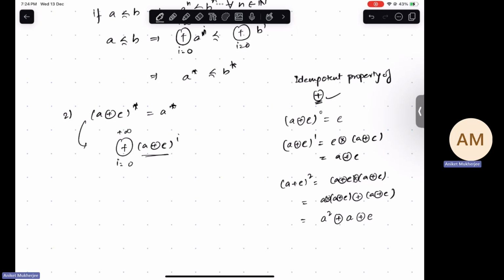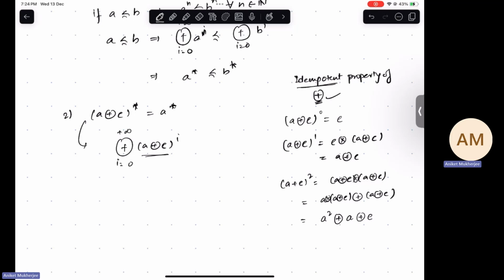If the first operator is an idempotent monoid, and the definition of idempotent was A plus A equal to A, right? If A plus A equal to A, then we say it is idempotent. So here, that's why you have A plus A, and A plus A is equal to A from the idempotent property.